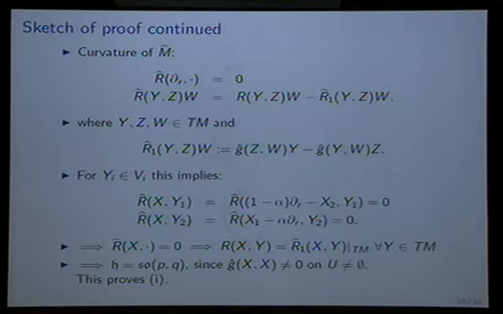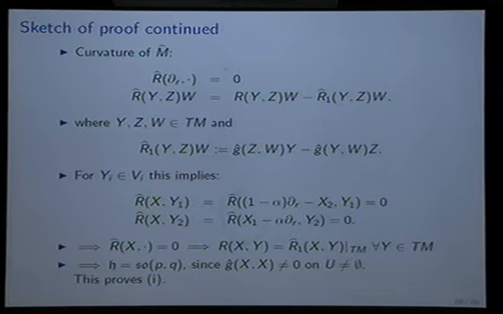Here I use that g hat of X is different from 0, otherwise this statement is not true. So I have to use here that X is not a null vector, but it is sufficient to know this in one point. And we know this at any point of U. So it is sufficient to know that U is non-empty. But since U was a dense open set, it is non-empty, and we can find such a point. So this proves the first part, that the holonomy of the base is full.